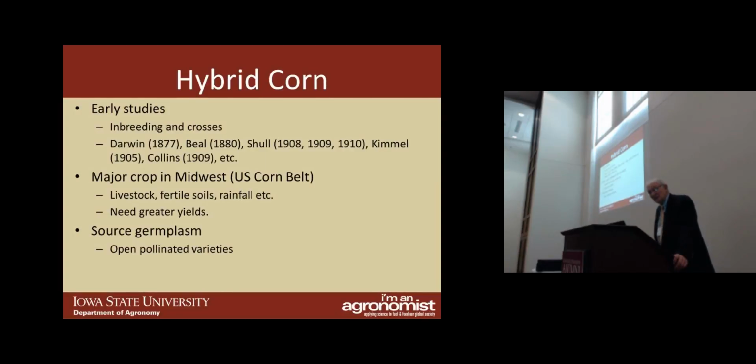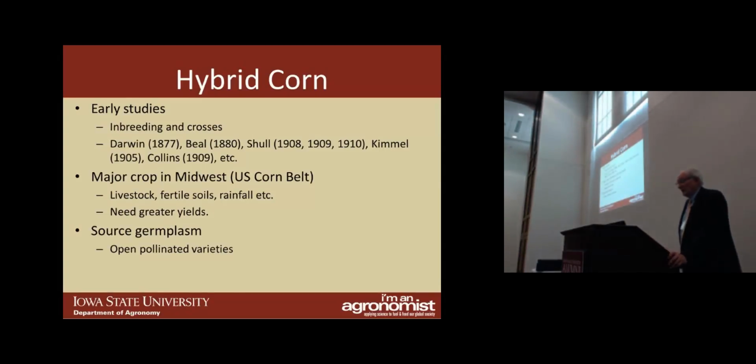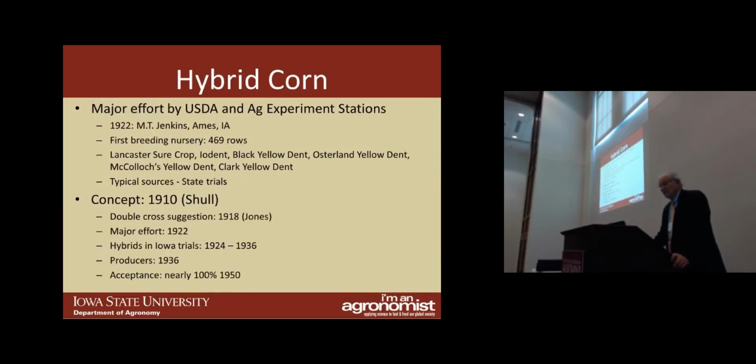I should have mentioned East there, I didn't include him. All of those were looking at corn and noticed that there's a drop-off when they selfed it. There's a little jump when they made crosses. But it was Shull again who really laid out the foundation for it. And again, the source population in Shull's study and subsequent studies was always the open pollinated varieties. It was a source of germplasm.